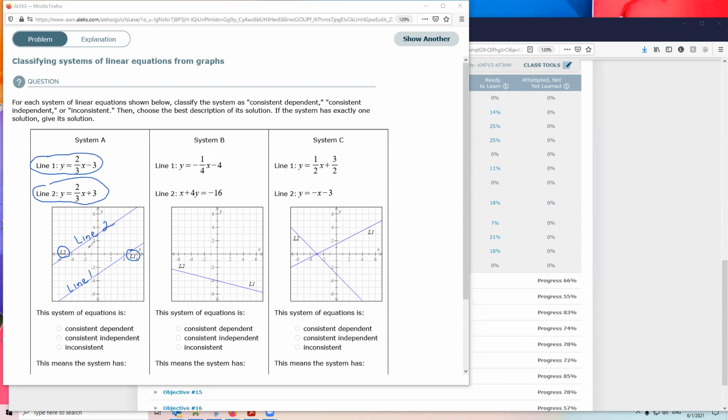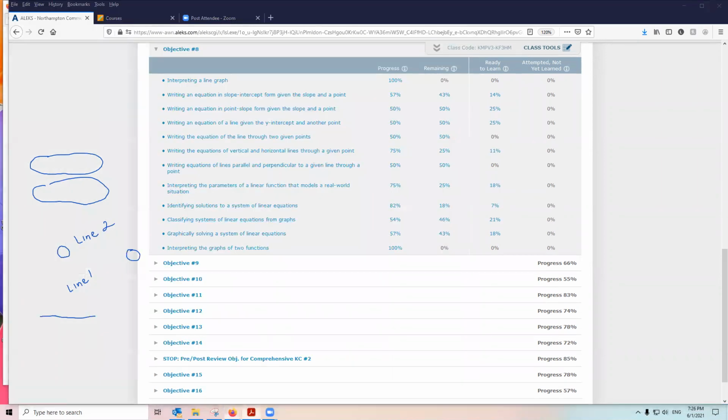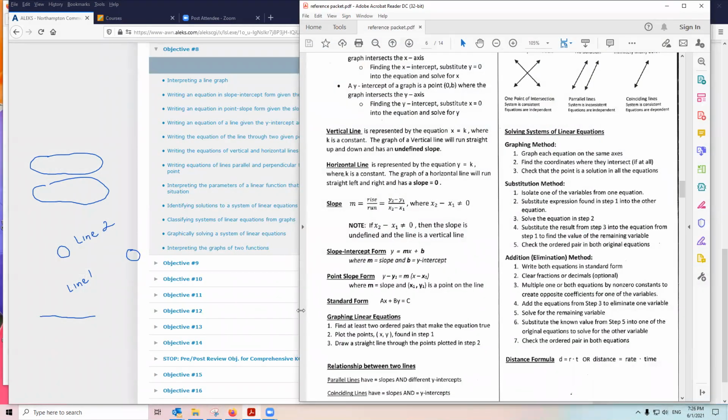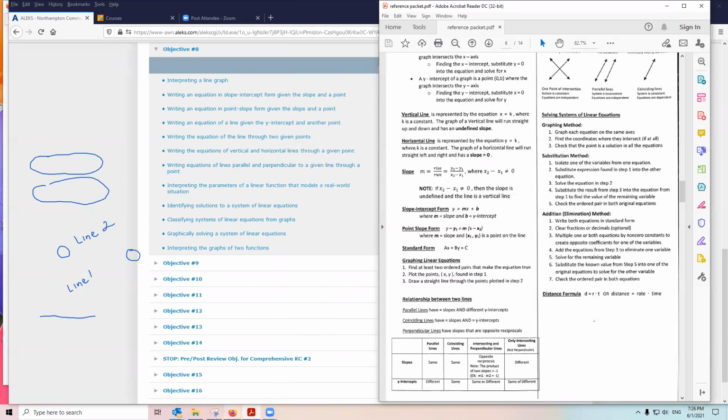Well, I'm noticing these are parallel lines. What they're asking me to do is classify the system of equations. Well, here's where the reference packet is going to be your best friend. Let me go to the reference packet and show you that there is a diagram here. Let me try to get this side by side if I can.